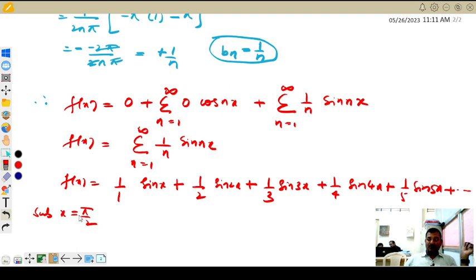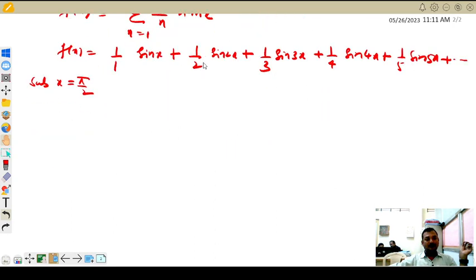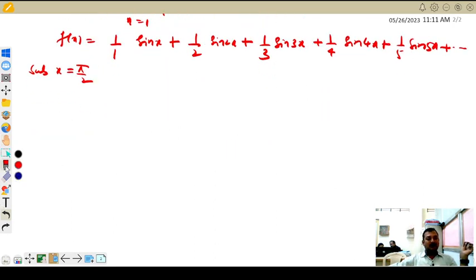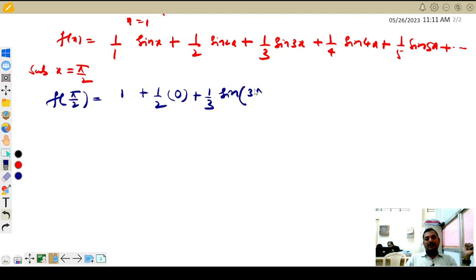So for that purpose, we are going to substitute x is equal to pi by 2, and observe f of pi by 2 is equal to sine pi by 2 is 1, so you will get 1 by 1 into 1 is 1, plus 1 by 2 into sine 2 into pi by 2, the 2 gets cancelled, sine pi is 0. 1 by 3 into sine of 3 pi by 2.